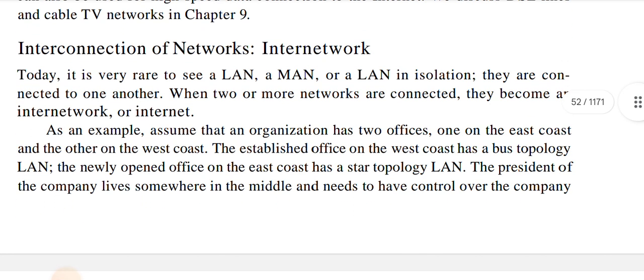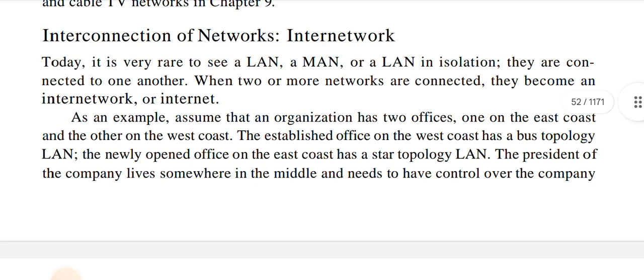As an example, assume that an organization has two offices, one on the east coast and the other on the west coast. The established office on the west coast has a bus topology LAN. A newly opened office on the east coast has a star topology LAN.